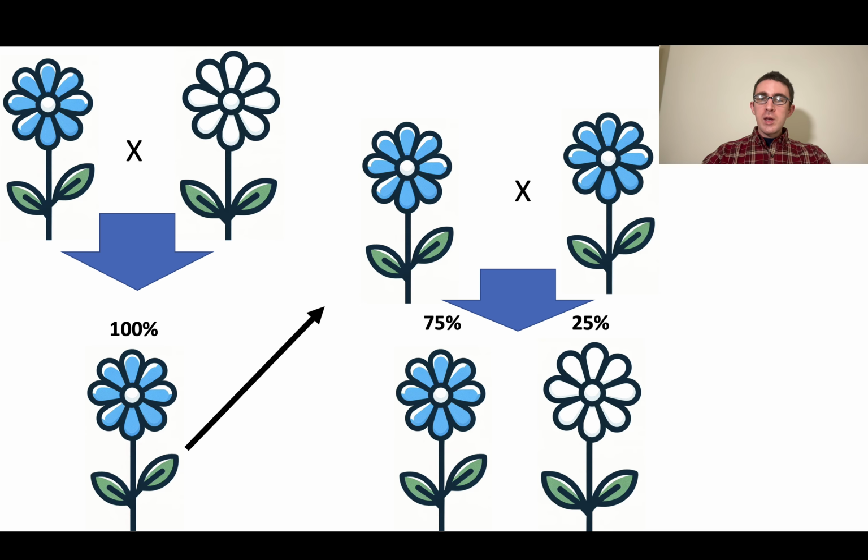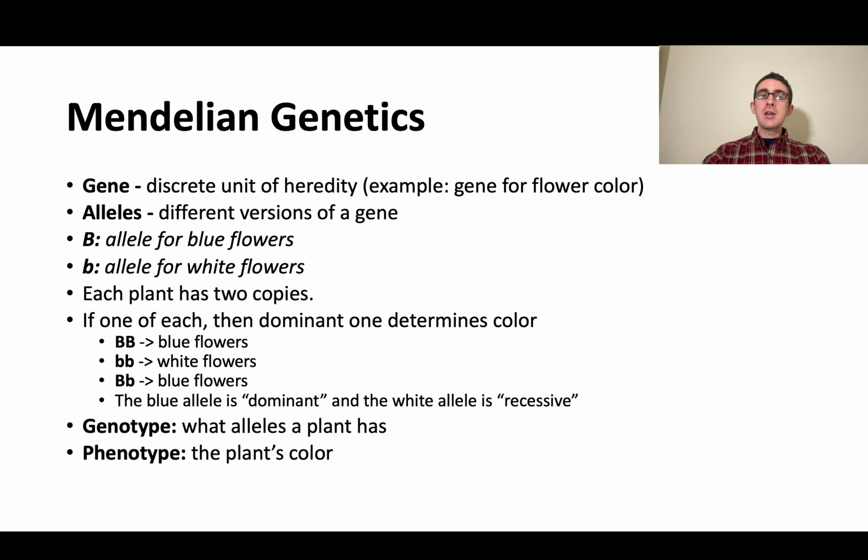But we can try to explain what's going on here with Mendel's model of genetics. In Mendelian genetics, a gene is defined as a discrete unit of heredity. For example, you can talk about a gene for flower color. You might notice this sounds like pretty vague wording. Discrete unit of heredity, what does that even mean?